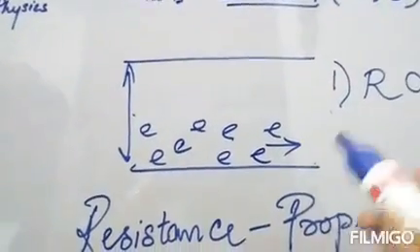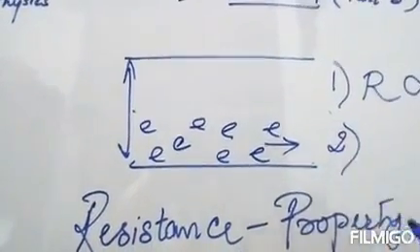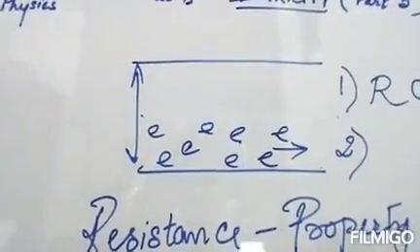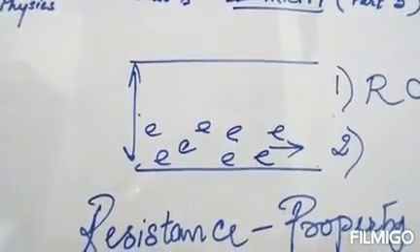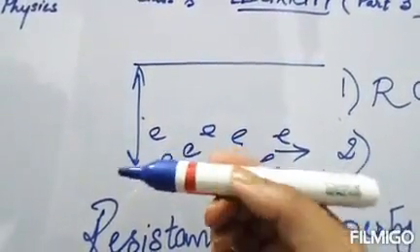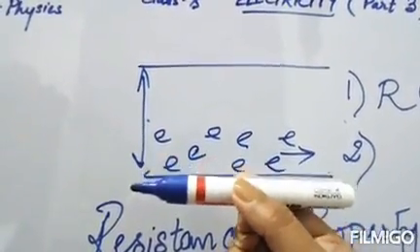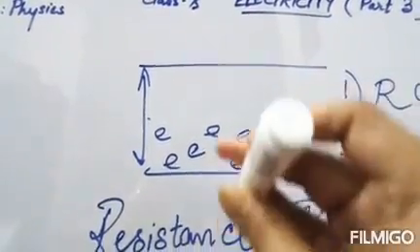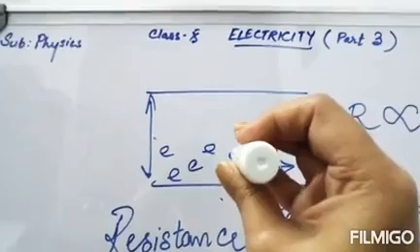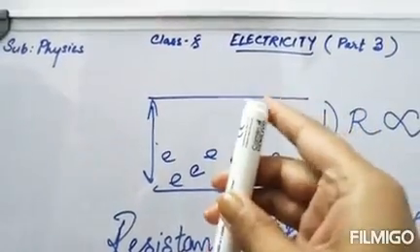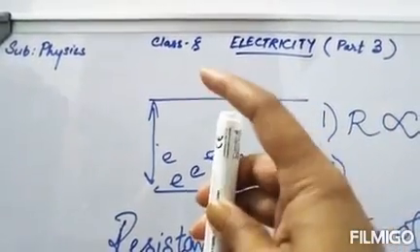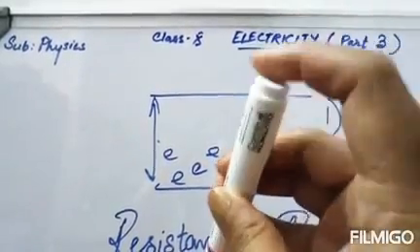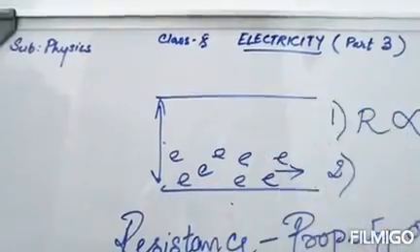That means if this area is increased, area of what? Area of cross section. Now cross section means what? Suppose this is the length of the wire. The area of cross section will be this one. If I cut it in this way, whatever area we get is known as the cross section.